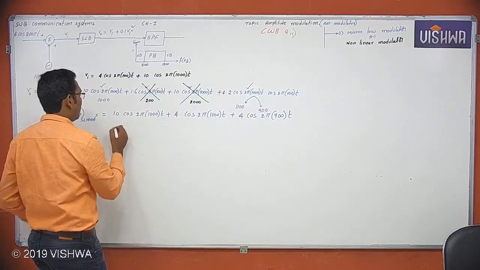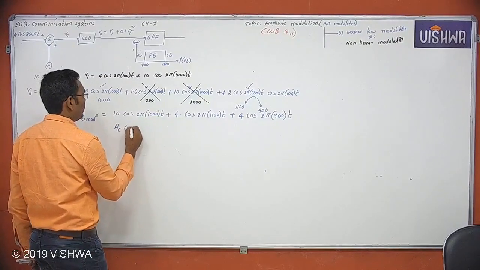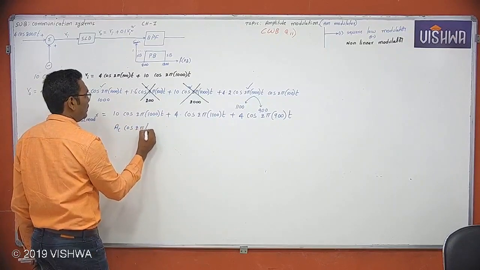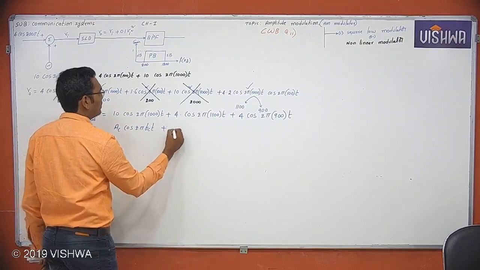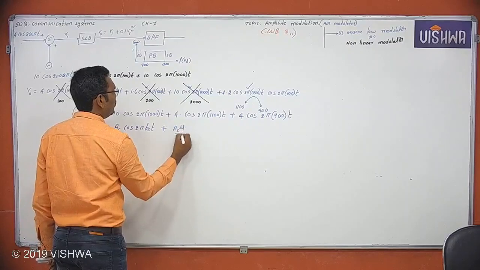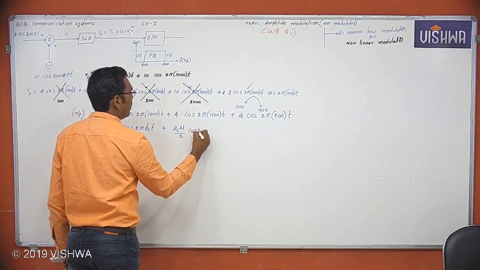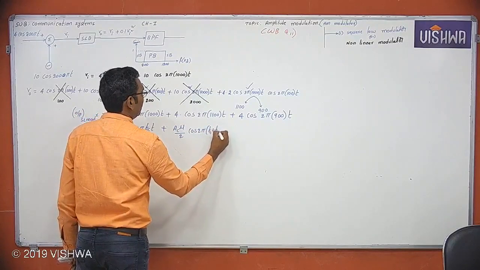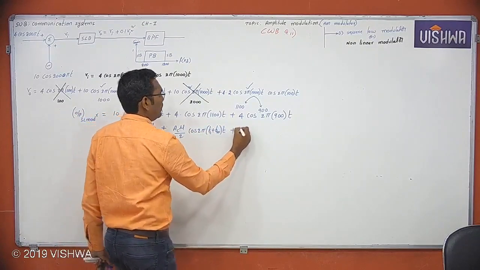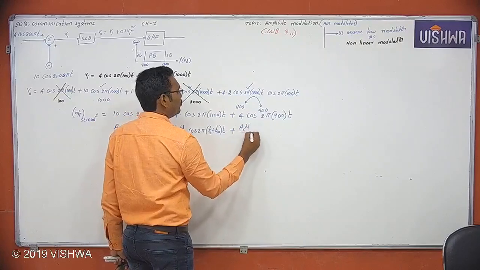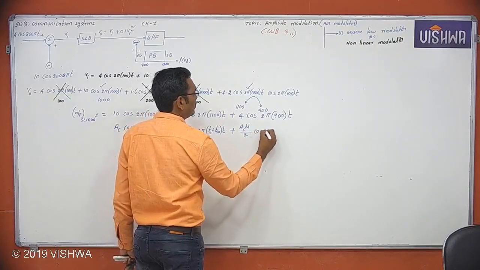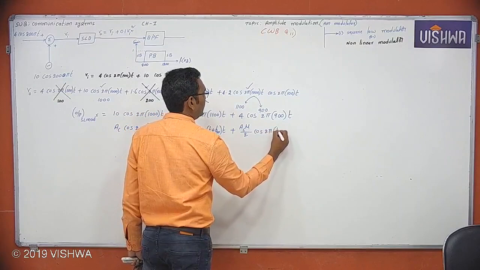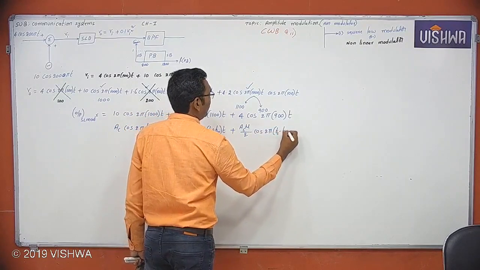Now can you see this equation somewhere? Ac cos 2 pi fc t plus Ac mu by 2 cos 2 pi (fc plus fm) t plus Ac mu by 2 cos 2 pi (fc minus fm) t.